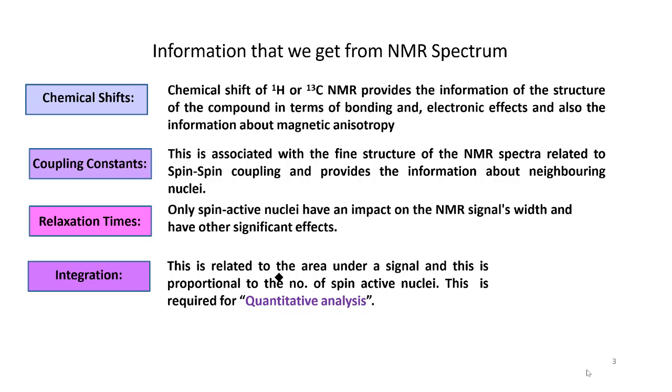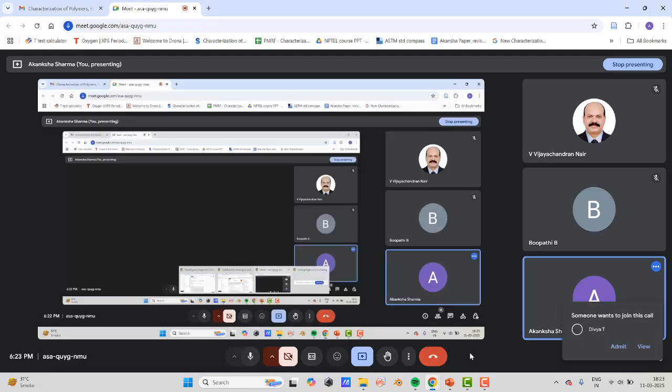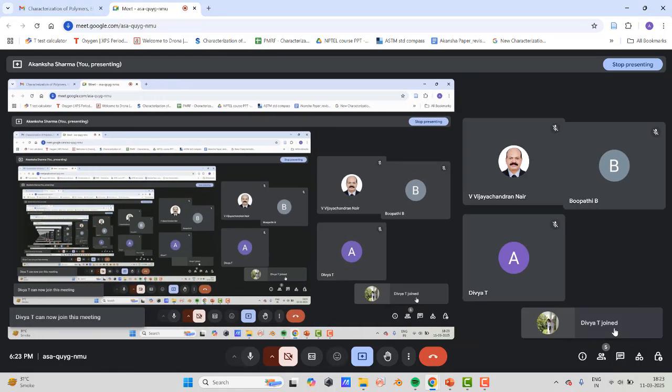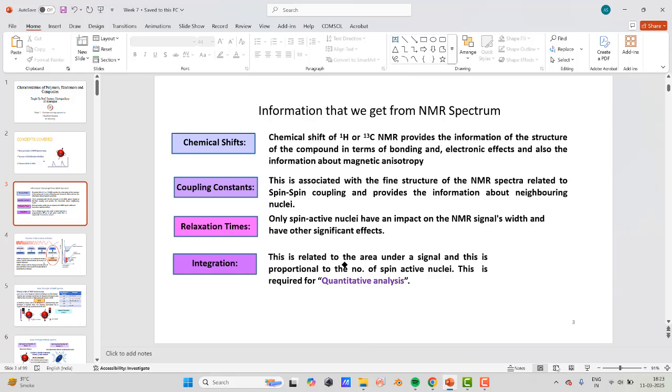Then relaxation time. So only spin active nuclei will have an impact on the NMR signal width and have other significant effects. Then the integration.